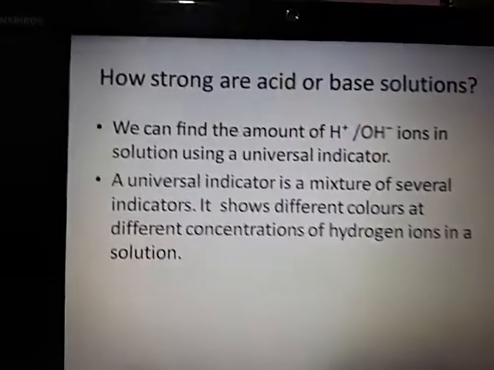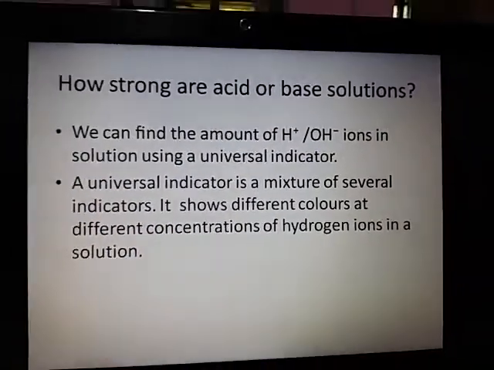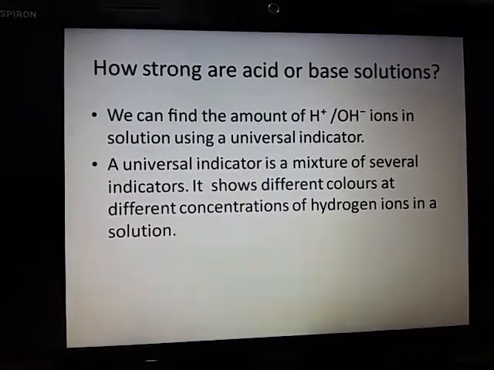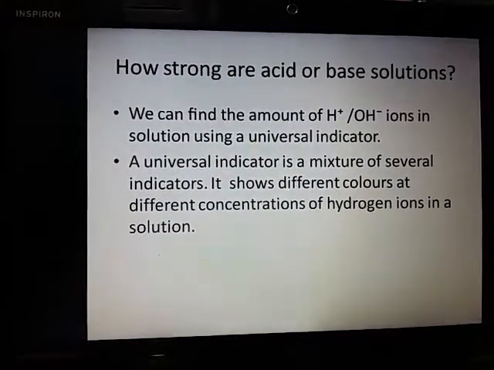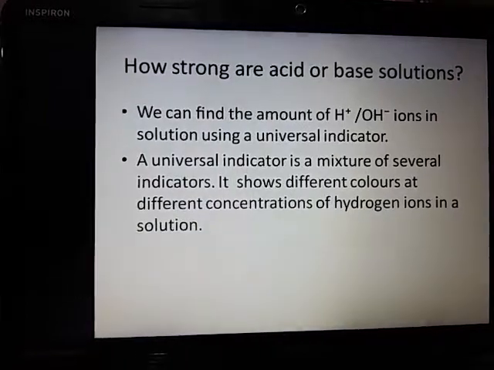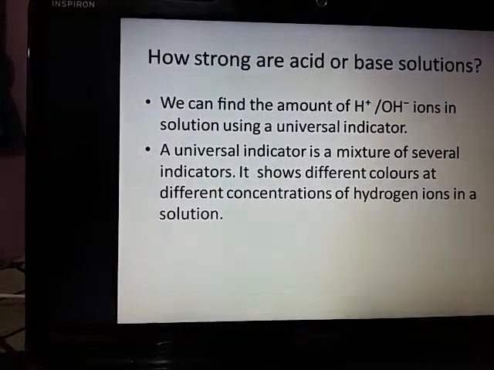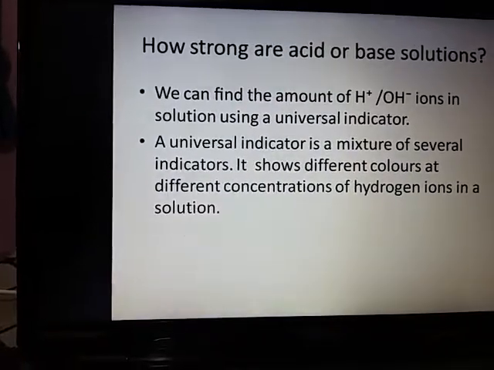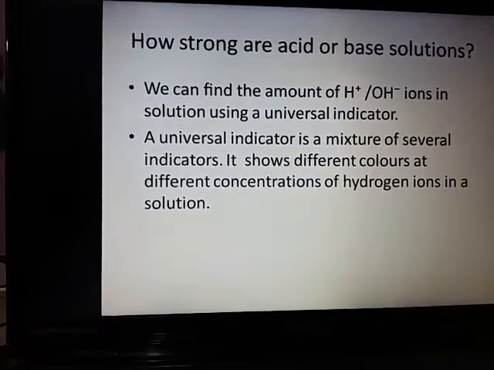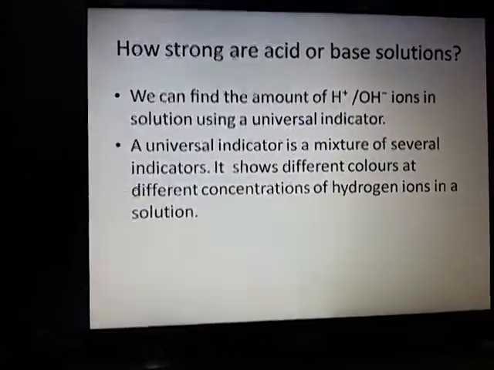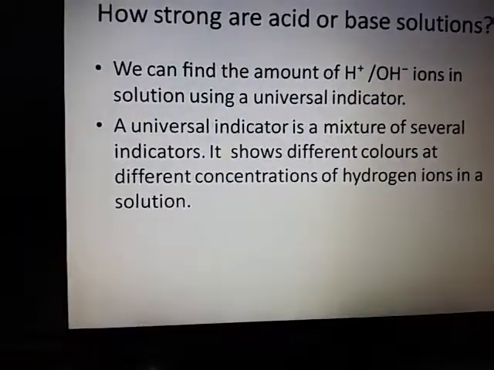Next, how strong are acid or base solutions? Now you know an acid contains H plus ions and bases contain OH minus ions. The amount of OH minus or H plus ions can be found with the help of a universal indicator.